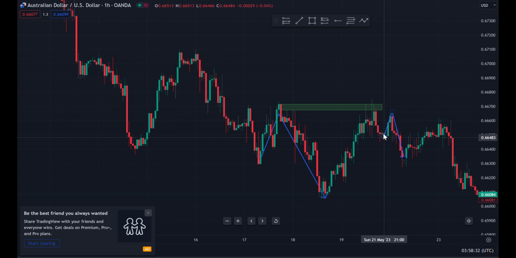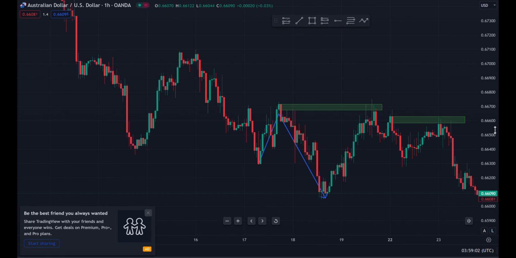So this is my first rally. For the second setup, the top here is what I call the order block. Then the market made another drop, so we shall consider that as our order block that we need the market to tap into.